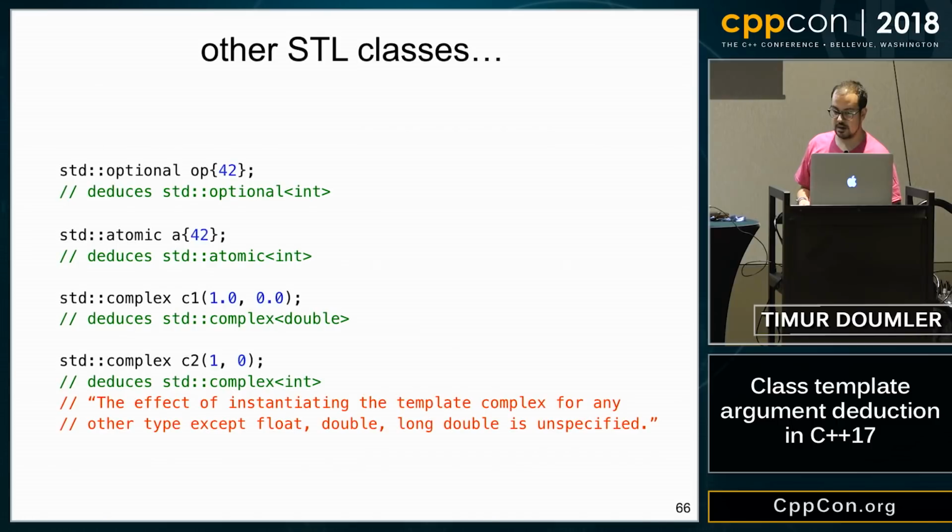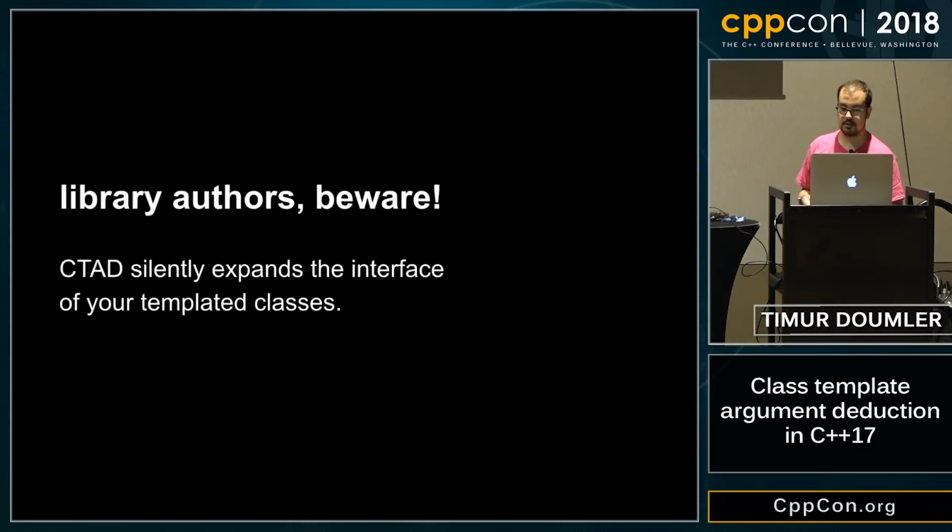And this is one of the examples where, if you're actually the maintainer of a library, you should really be careful because CTAD silently expands the interface of a templated class, right? So you have a library which uses template classes like, for example, StatComplex, and people have been happily using it for many years. And now all of a sudden they switch to a C++17 compiler, they get CTAD.